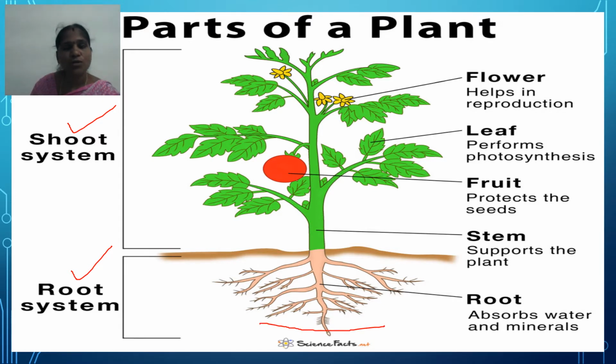We discussed the types and functions of roots, and in the shoot part we have discussed only the stem. Let us see the remaining parts and their functions.